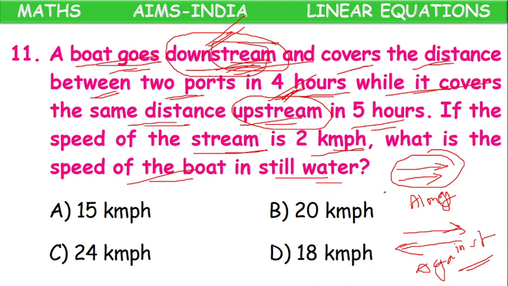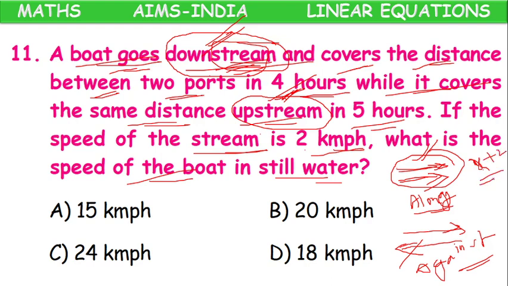So in which condition can you travel fast? In the same direction of water or in the opposite direction of water? In the same direction of water, you can travel fast. It will be easier for you. In less time, you can reach your destination. Because to your speed, the stream speed will be added. Suppose your speed is x and the stream speed is 2.